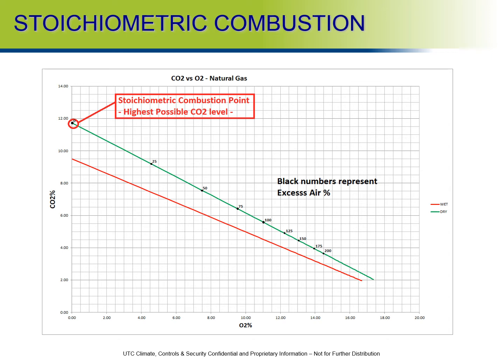We don't use the stoichiometric combustion point as a reference for a proper combustion analysis. I want to point out on this chart now we have the addition of excess air, and the excess air is referenced in percentage points.